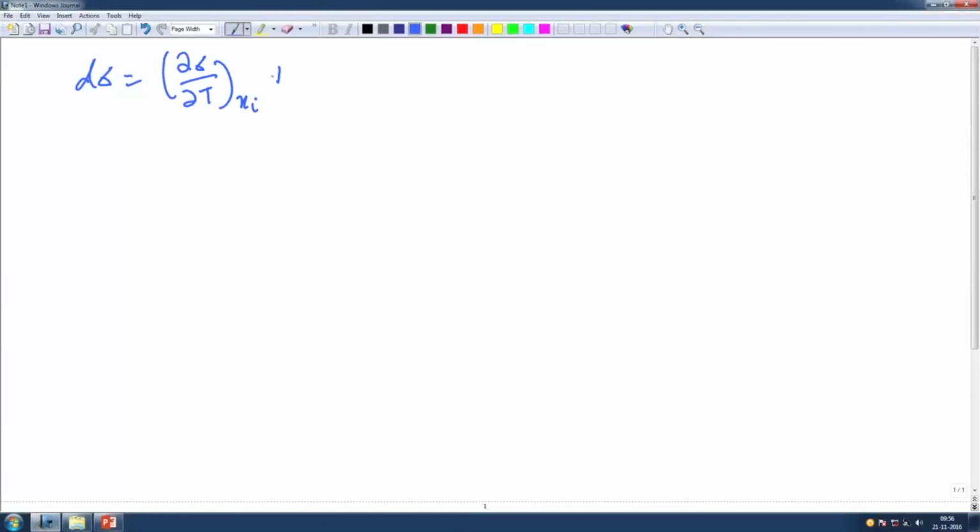So this is the variation with respect to temperature, and consequently these are the different mole fractions of the different species that are present. So surface tension, how does it vary with constant T?